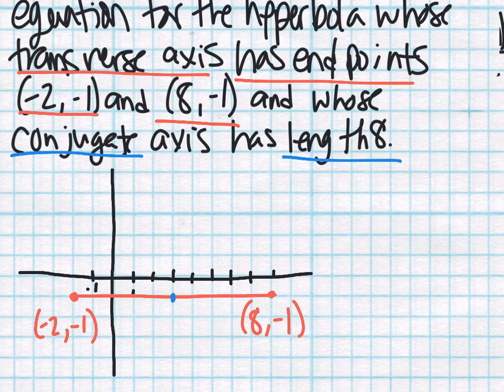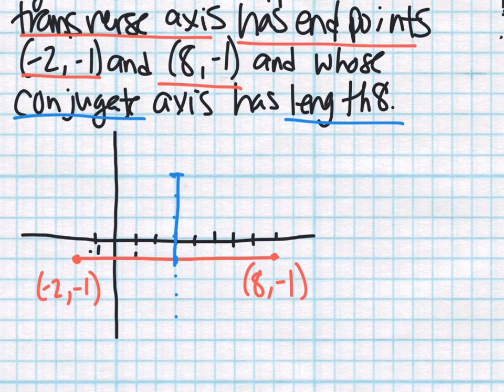That's going to be the halfway point. And then this conjugate axis has a length of 8, so I'm going to go 4 in each direction. From here to here has a length of 8.